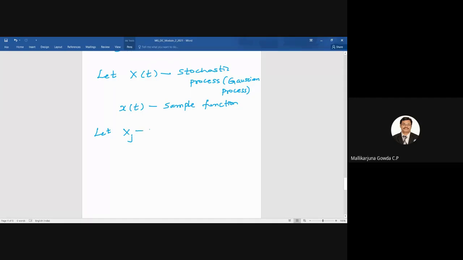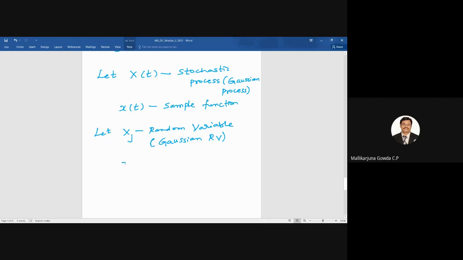Capital Xj is a random variable. Usually we call this a Gaussian random variable, I write in short as RV.